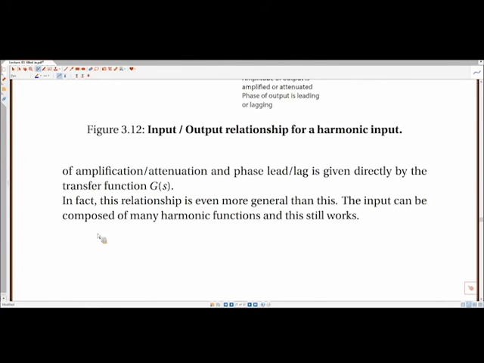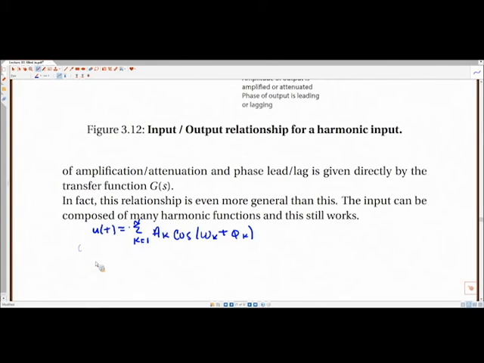Just to generalize the equations that we just wrote, we're going to say we have an input that is a summation of cosine functions: A_k cosine of omega_k t plus phi_k. Our input is instead not just one harmonic, but a summation of harmonics.